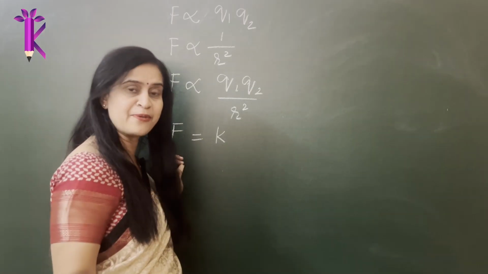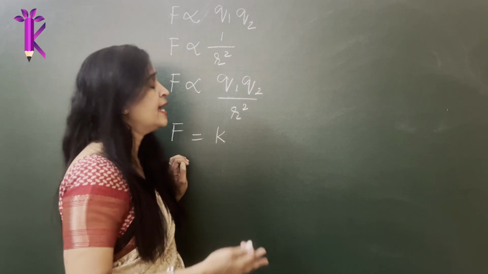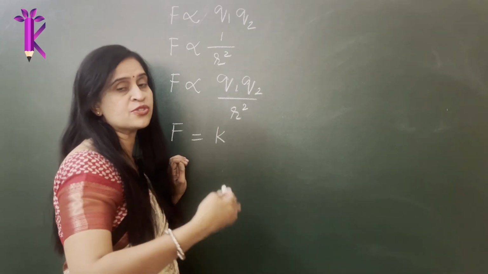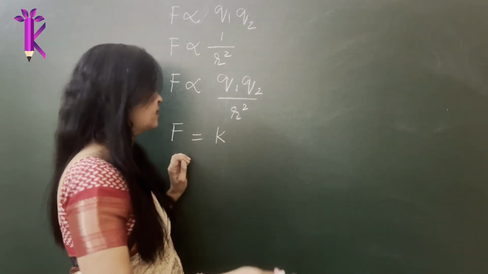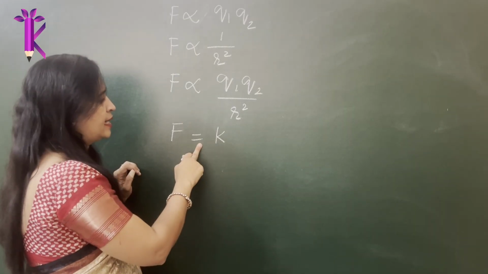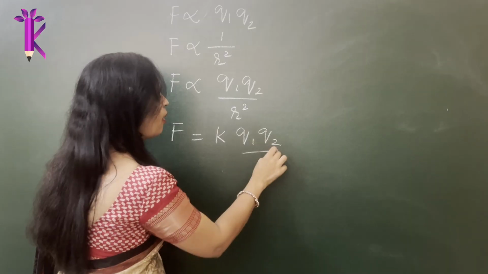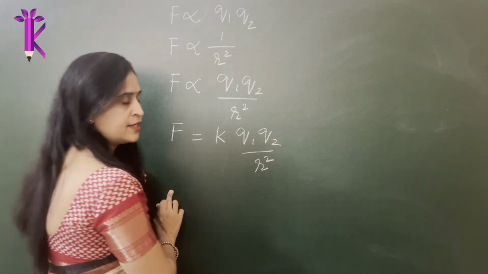This again I have explained in the previous session, but since I have to talk about permittivity, I'll have to revisit all this so everything becomes really clear, right? So K, I've replaced the proportionality sign by equals: F equals K into Q1 Q2 upon R square. So what is K?